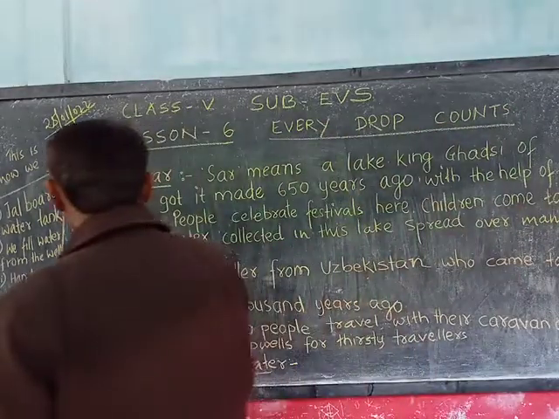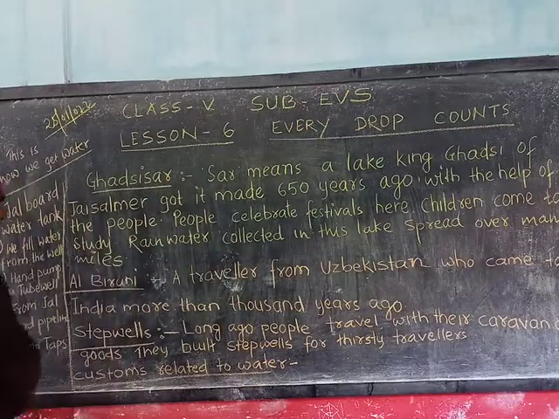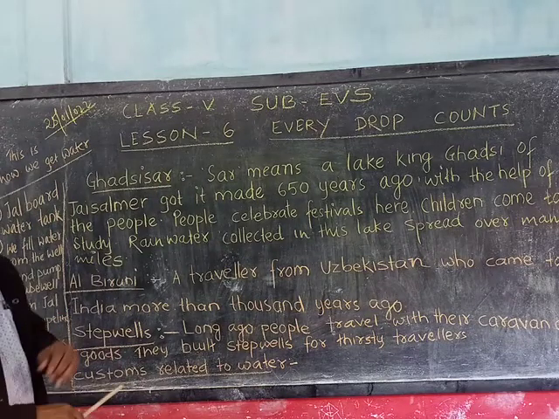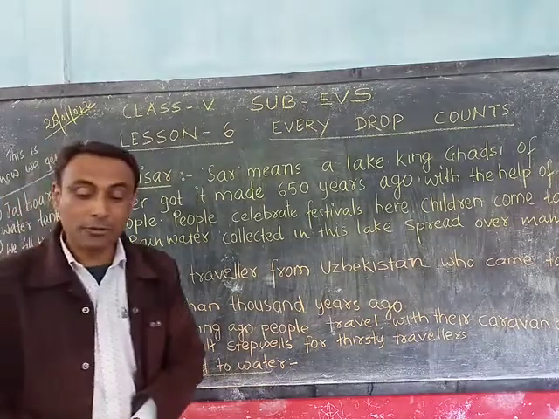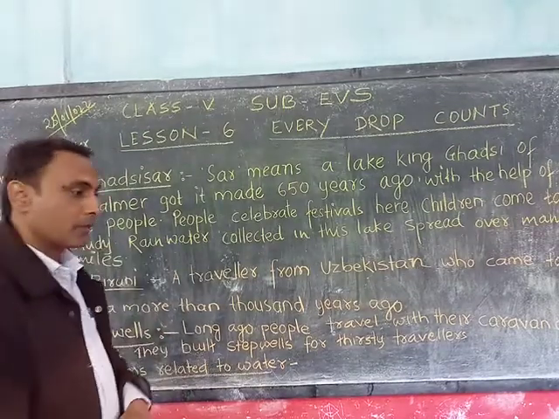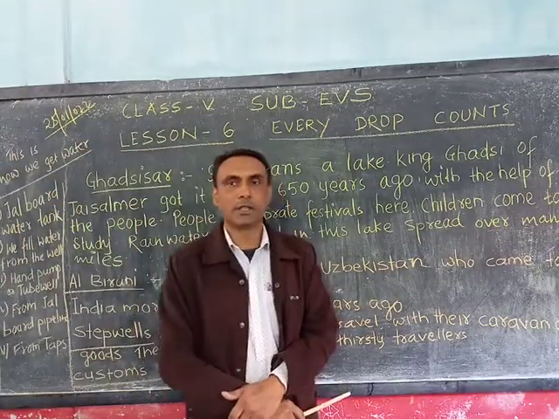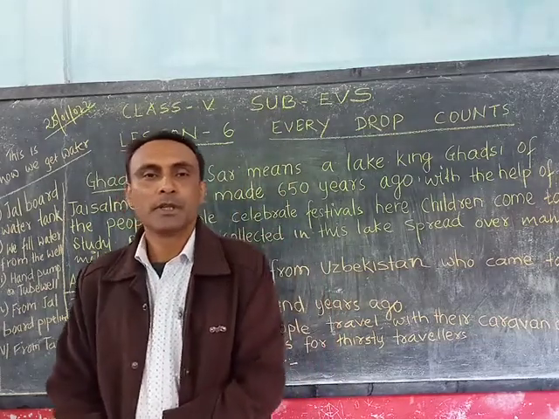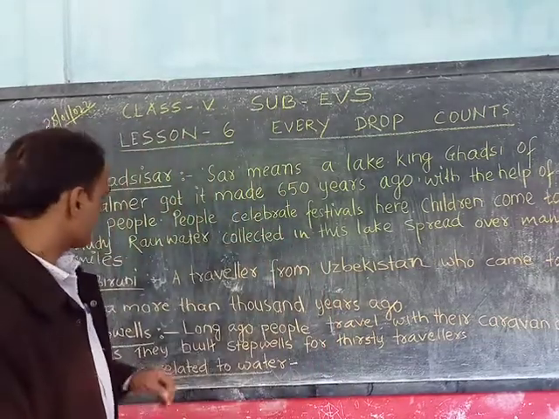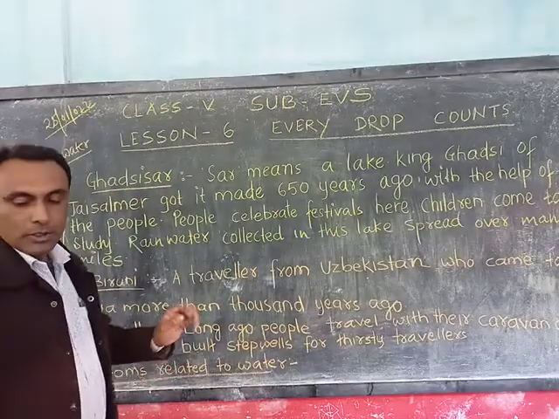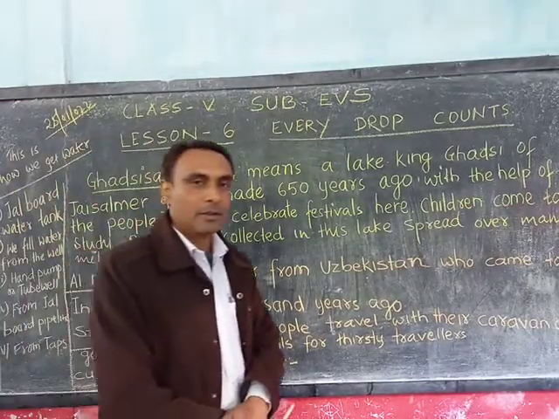It has a traditional value also. One custom that is related to water. If you go through the book, you will also get it, even though I am illustrating it to you now. What happens in Uttarakhand?